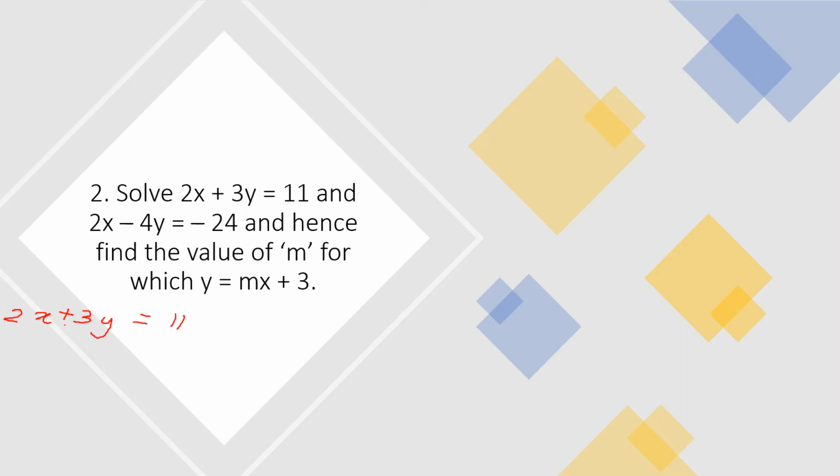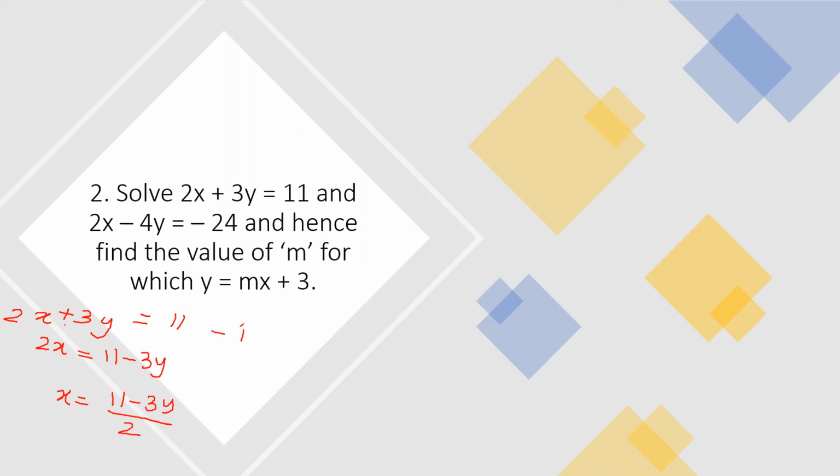That means we'll get 2x is equal to 11 minus 3y, or x is equal to 11 minus 3y by 2.